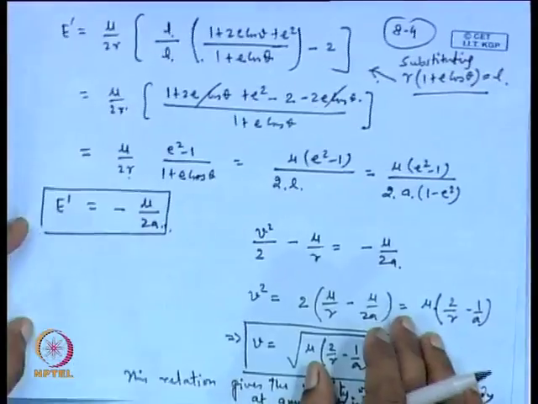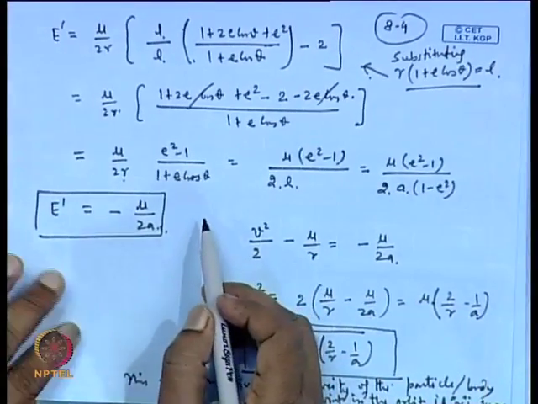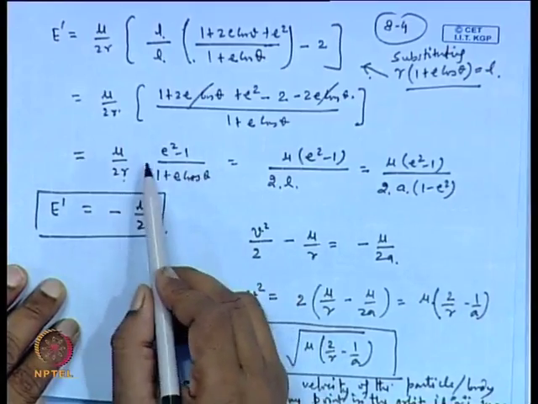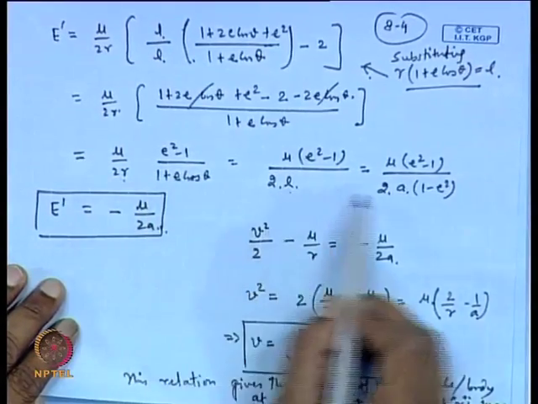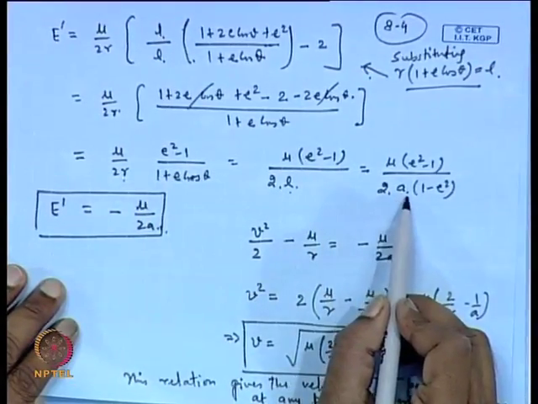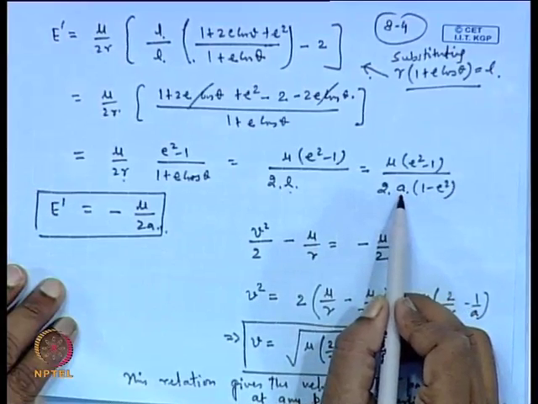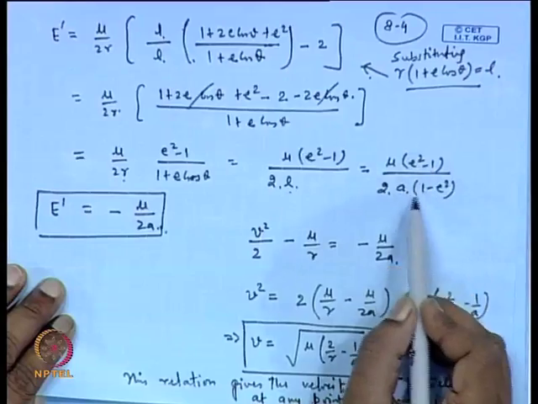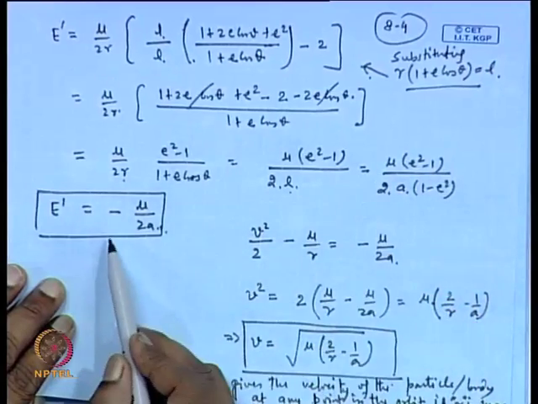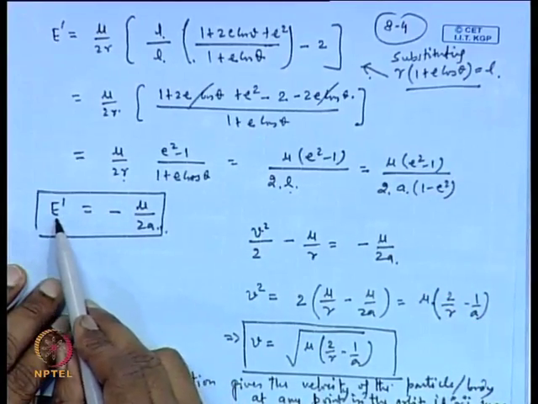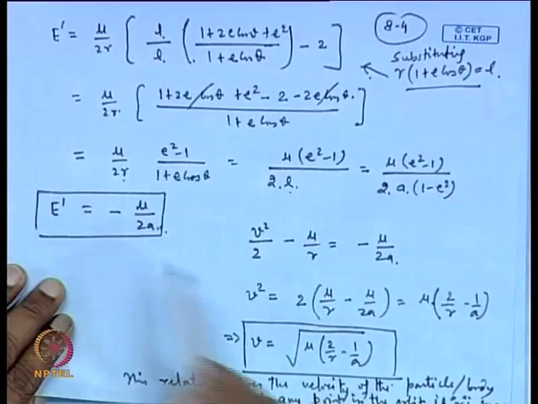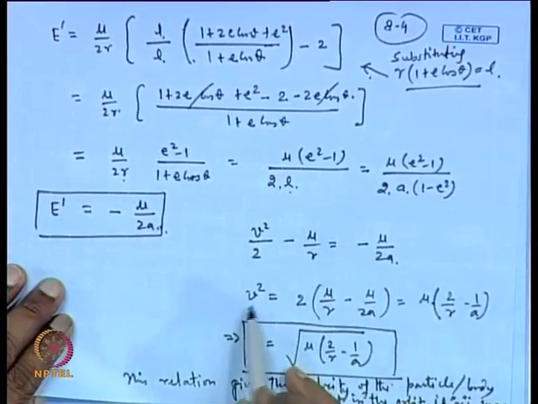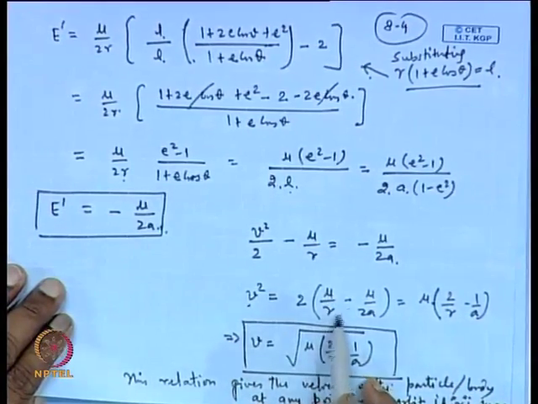We can see this here itself, because the L we substituted as a times 1 minus e square, with the same thing we write as a times e square minus 1. So, e square minus 1 will cancel out and we get a positive sign here. So, here for hyperbola instead of a negative sign this will be a positive sign. So, V square will be 2 mu by r plus mu by a. So, we get a positive sign in this place.